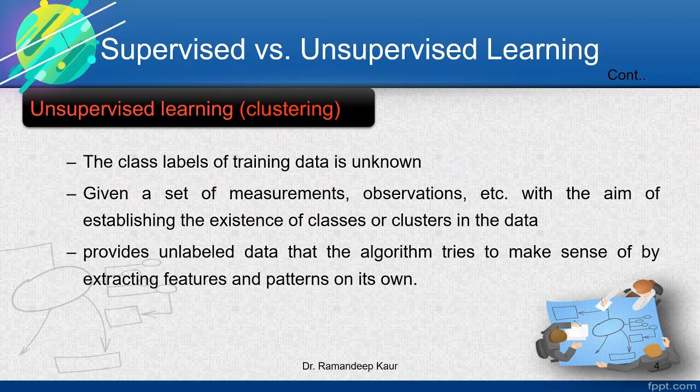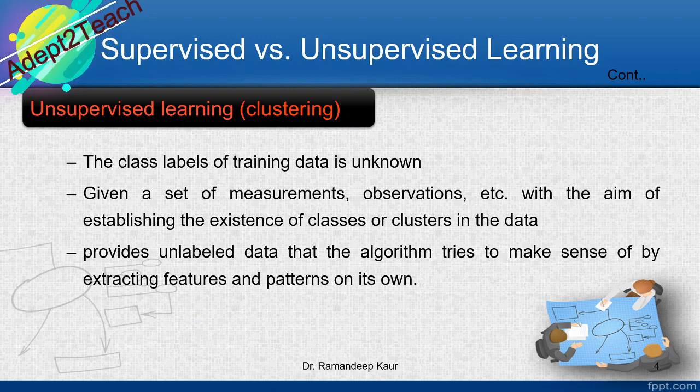So now we have unsupervised learning. The example of unsupervised learning is basically your clustering, and the example of supervised learning is classification. So in unsupervised learning, the class labels are not known. The unlabeled algorithm is there, which tries to make sense when it gets random data from the test data.